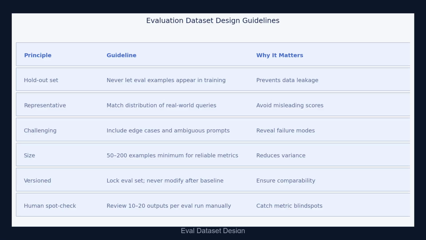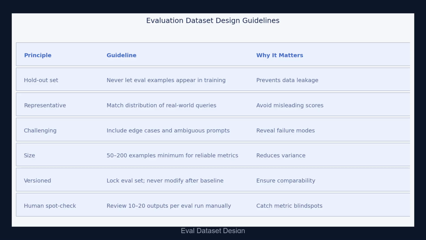Your evaluation dataset is only useful if it's designed carefully. The most important principle is the holdout rule. None of your evaluation examples should appear in your training data. Even a single leaked example can inflate your scores and give you false confidence. The dataset should be representative of real-world queries.